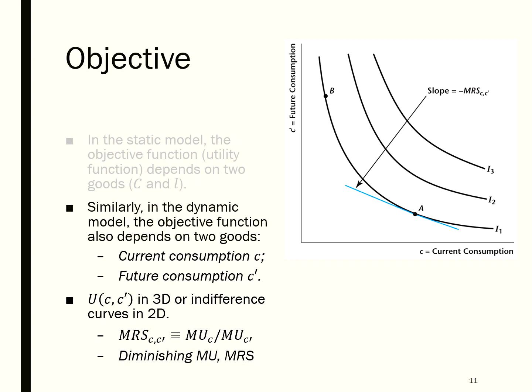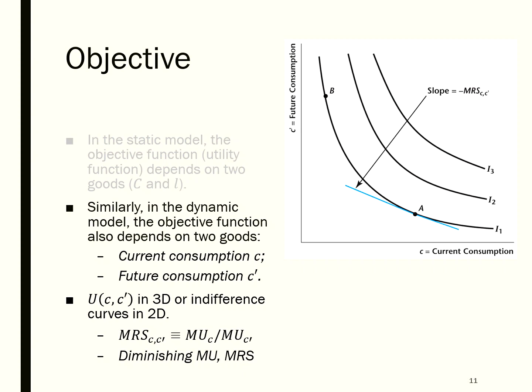Therefore, mathematically, the dynamic utility function U of C and C prime is the same as the static utility function because it's a function of two inputs. The only difference is that the two inputs have changed from C and L to C and C prime. Graphically, it is again a three-dimensional surface or a two-dimensional indifference curve.